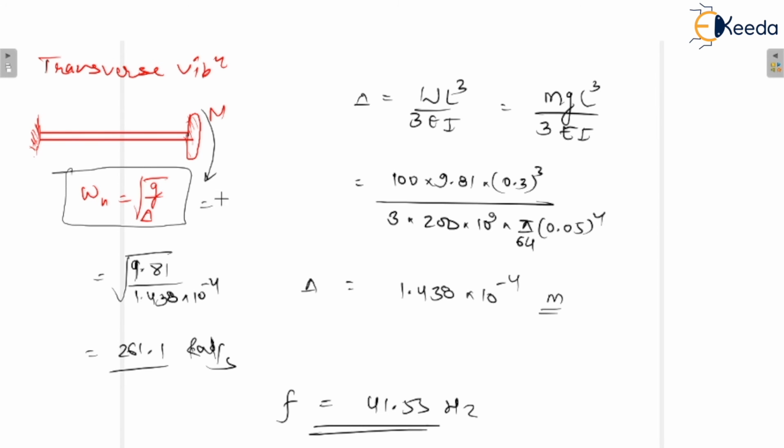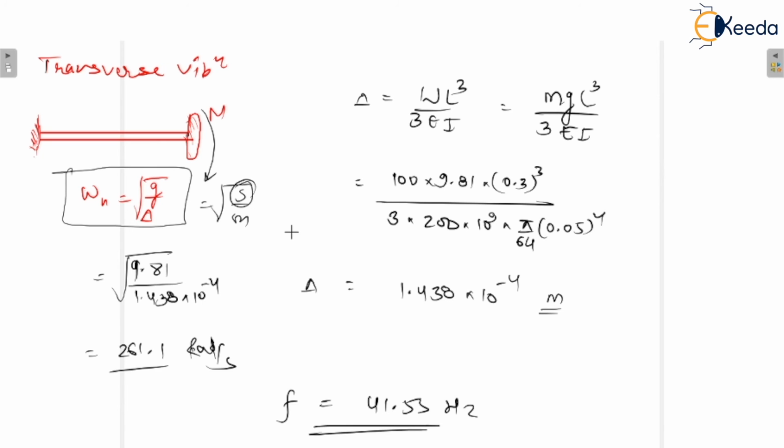However, you can also calculate it as root of S by m. But here S is the stiffness of the transverse vibration. But there is no formula for the stiffness of transverse vibrations like longitudinal stiffness. So that's why we apply the formula under root of g by delta. Either you can solve natural frequency using under root of g by delta or under root of S by m.